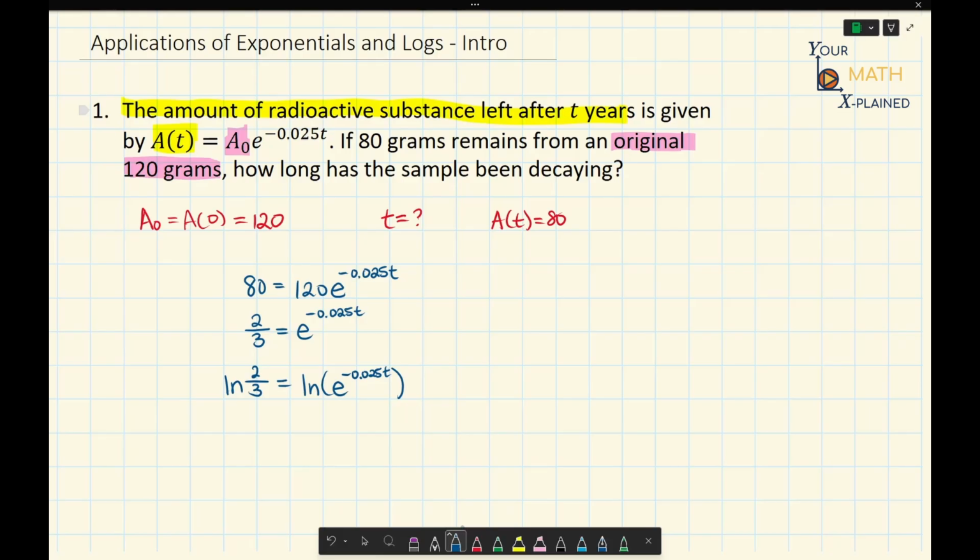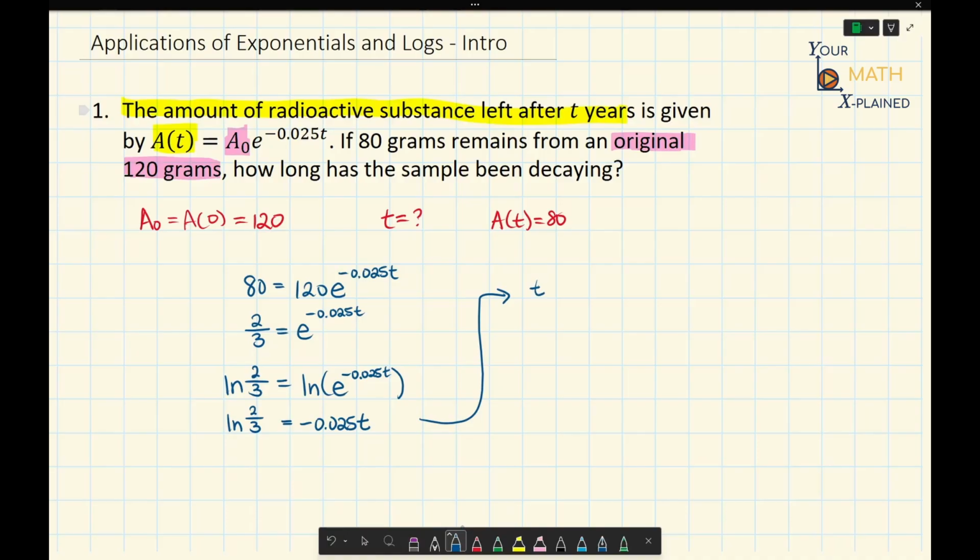And now we can go ahead and pull the exponent down. So the left-hand side stays as ln of 2 over 3. And then the right-hand side is going to be negative 0.025t times ln of e, which is just equal to 1. And then finally, to solve for t, we can divide both sides by negative 0.025.